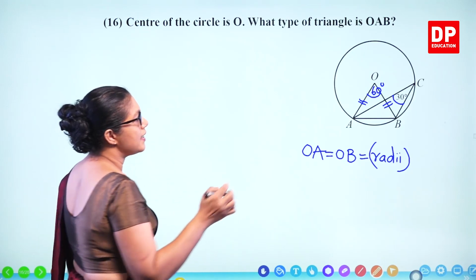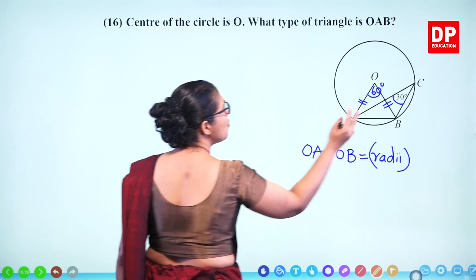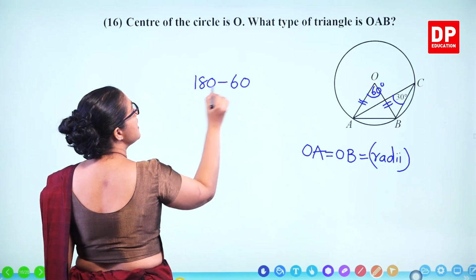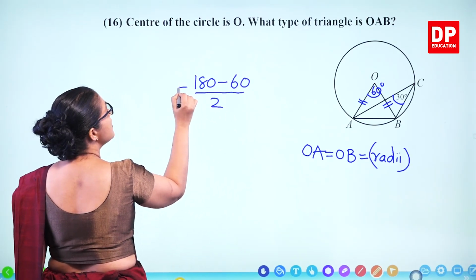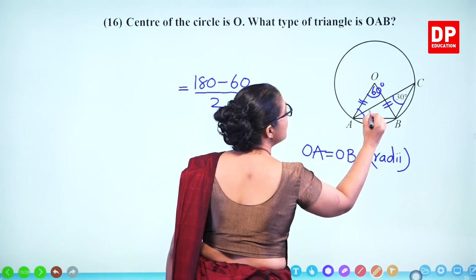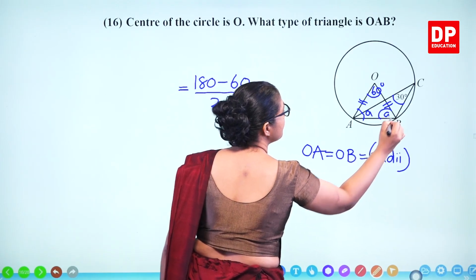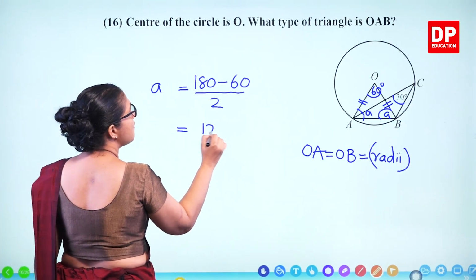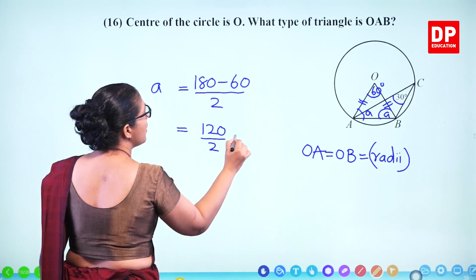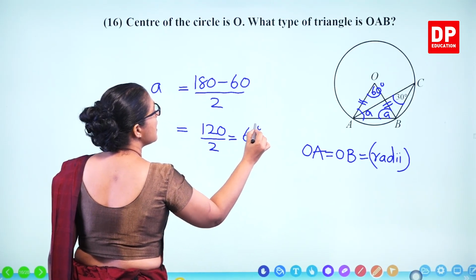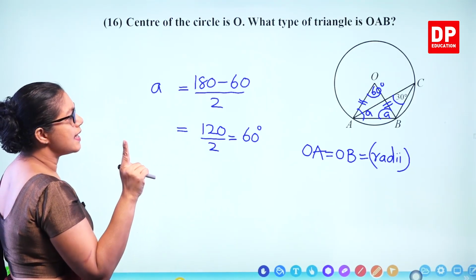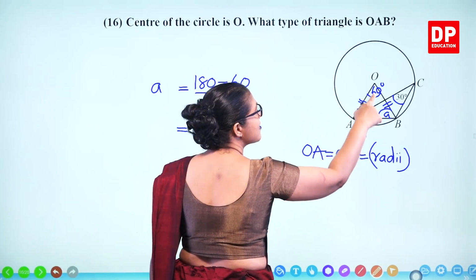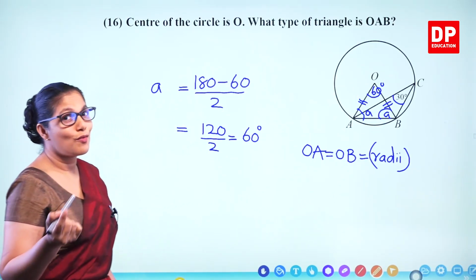So we know that. Then how do you find out these two angles? 180 minus 60 divided by 2 is one angle. So we'll put A. So what's that? 120 divided by 2, you get 60 degrees. A is 60, which means this is 60, this is 60, this is 60.